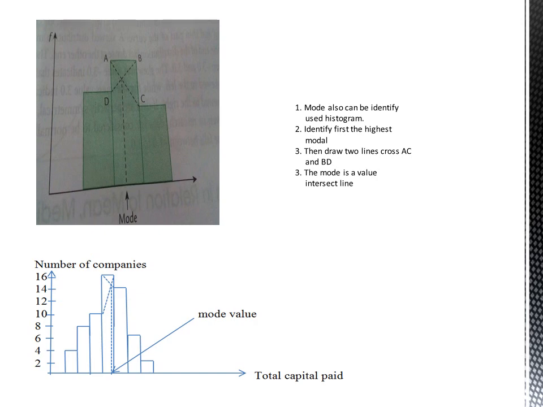Then draw two crossing lines, like in the example A to C and B to D. The mode value is the intersection point that you project to the x-axis in order to identify the value.